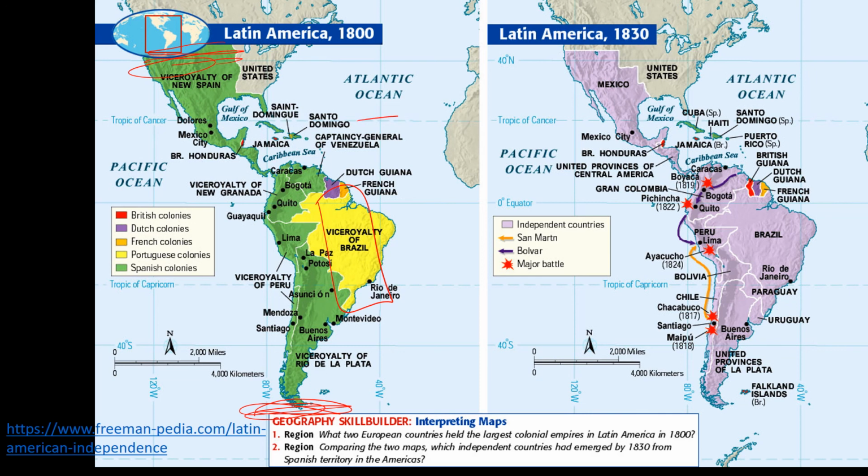And you can see what is left of the Spanish Empire. Not very much. They'll keep some islands over here. There'll be a British colony here, a Dutch colony here, a French colony here, and again some islands here.